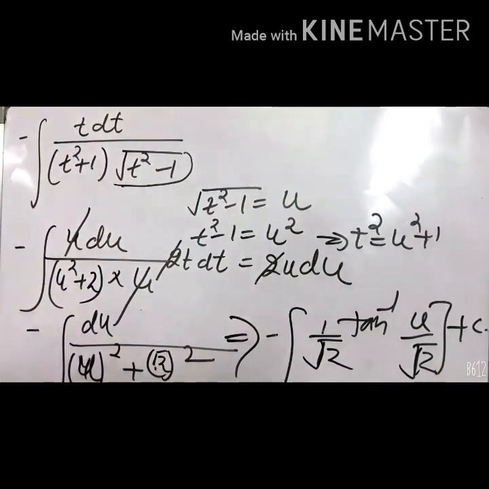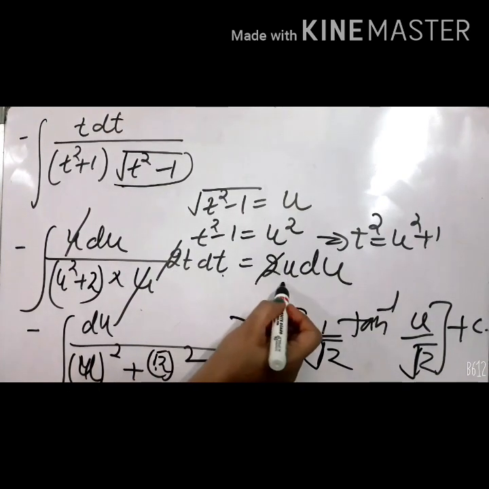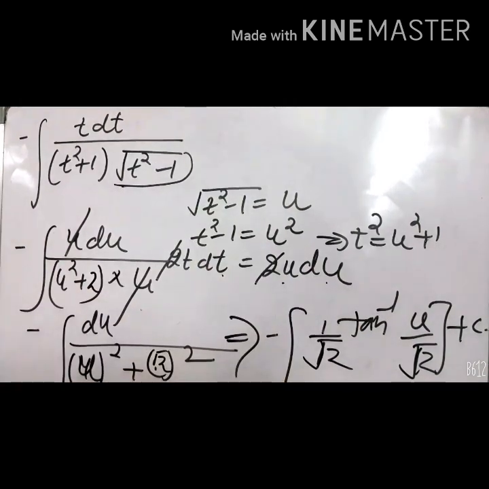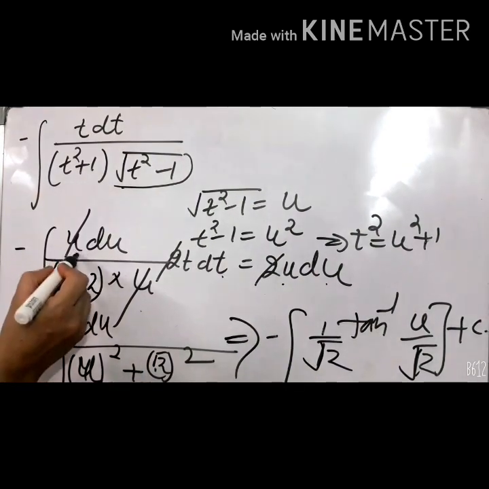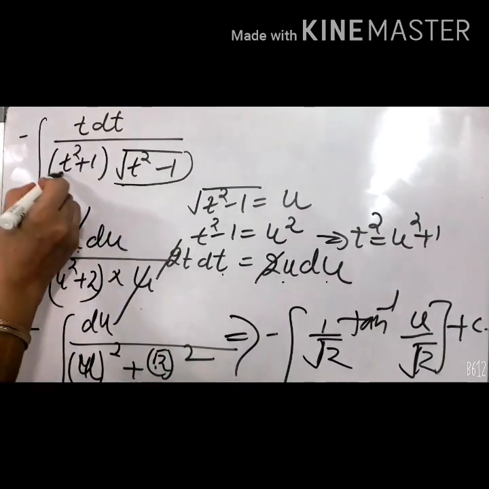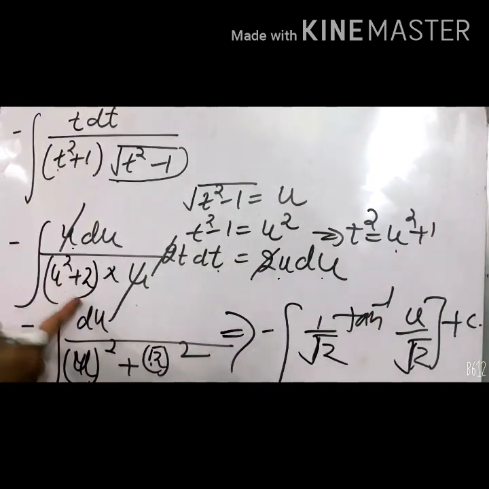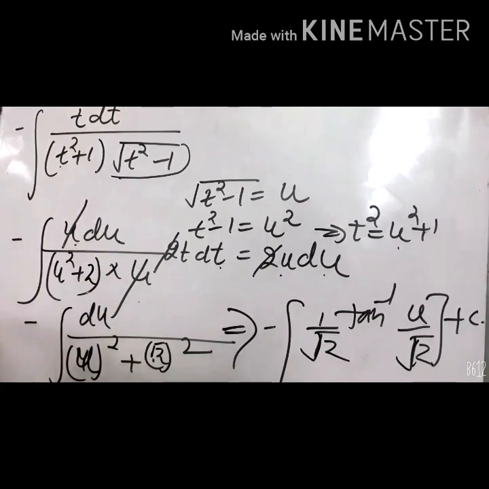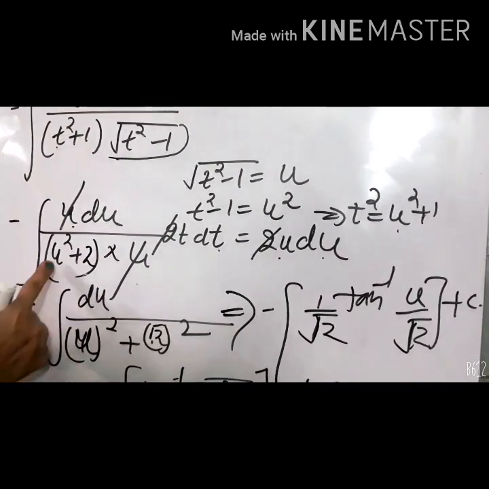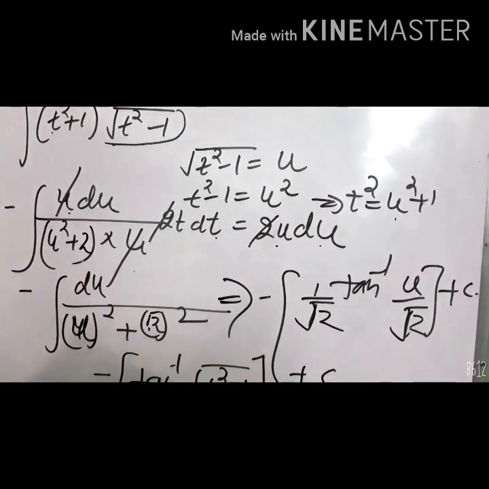Under root of t square minus 1 is equal to u. 2t into dt is equal to 2u into du. Now 2 and 2 got cancelled. In place of t dt, I put u du, and in place of t square, I put u square plus 1. Plus 1 was already there, so it becomes u square plus 2. u was there, it gets cancelled. I got du by u square plus root 2 whole square.